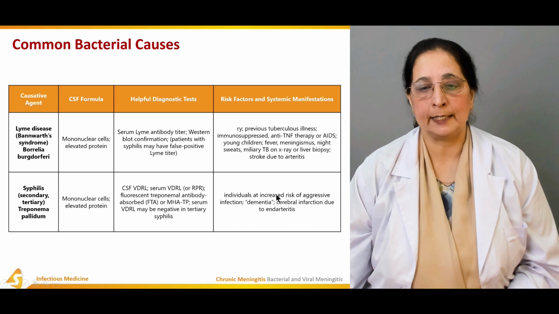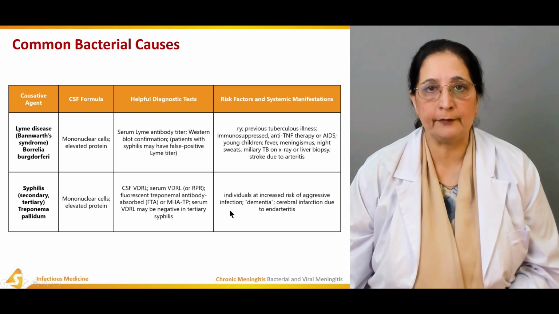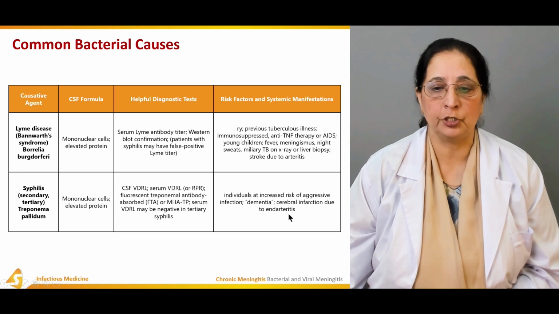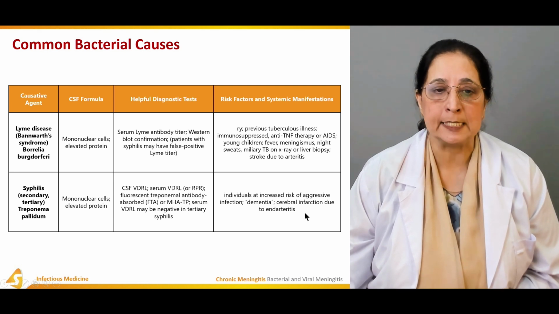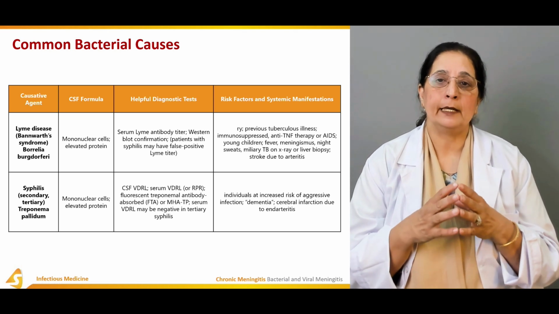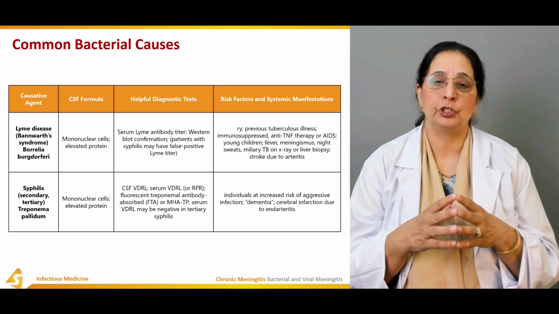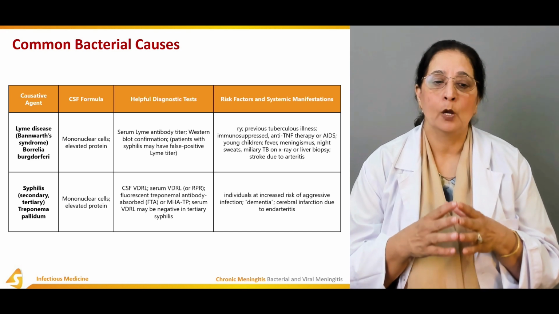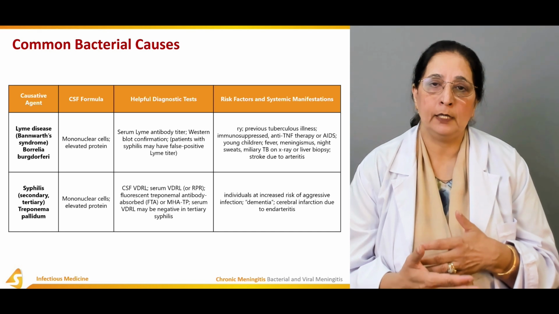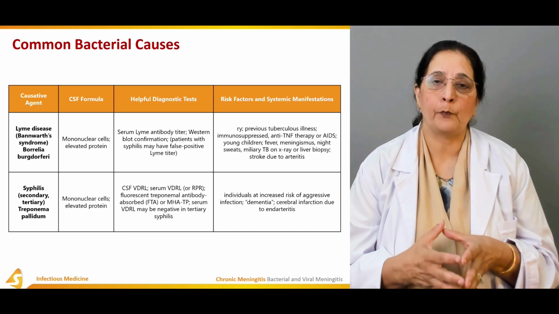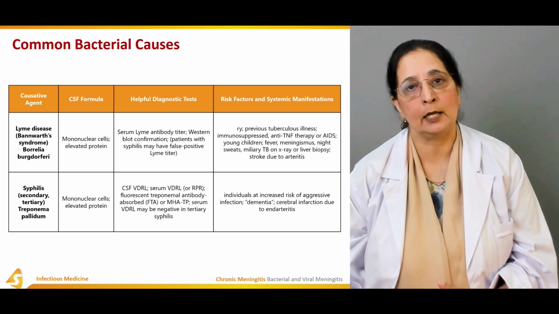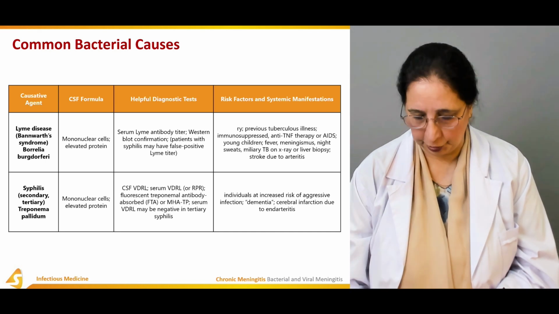Individuals are at increased risk of aggressive infection, dementia, and cerebral infarction due to endarteritis. So all these are different bacteria that can cause chronic meningitis. Most of these cases, if untreated or not properly treated in acute conditions, can progress and cause chronic infections.